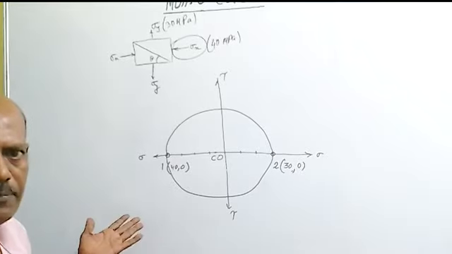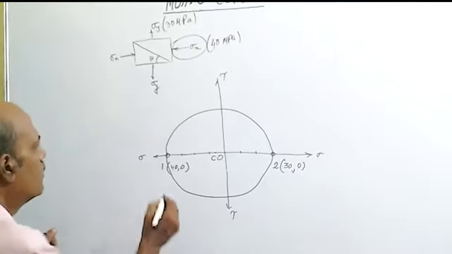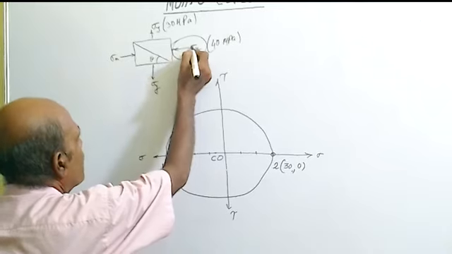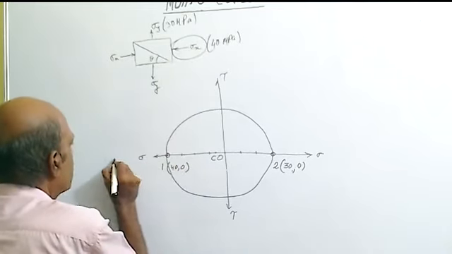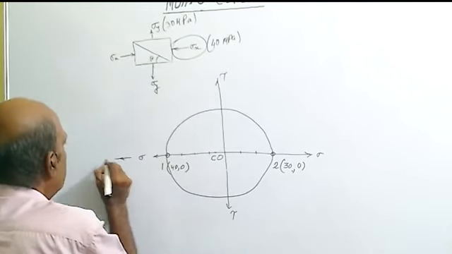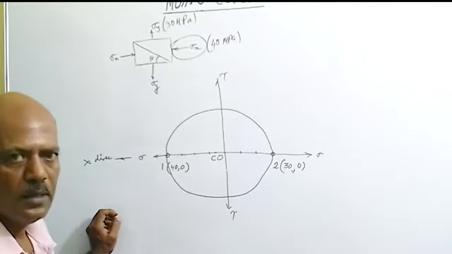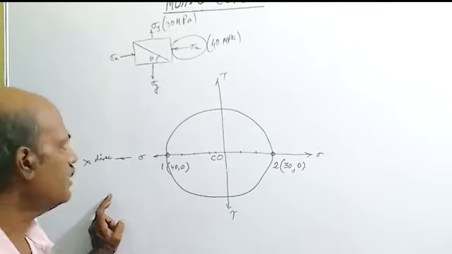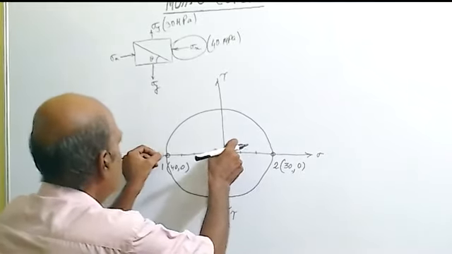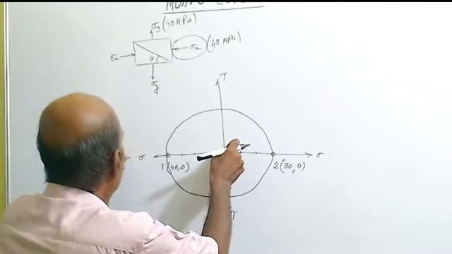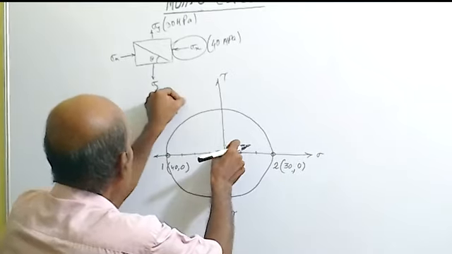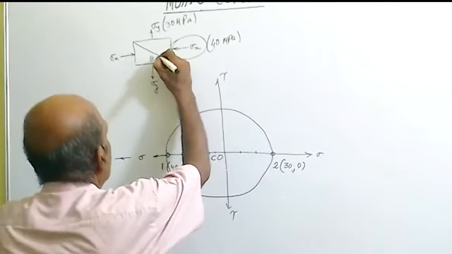Now the next step is to find the x direction. The x point is plotted here, so this direction from the center also denotes the x direction. Now we have to rotate the x direction in the same sense.